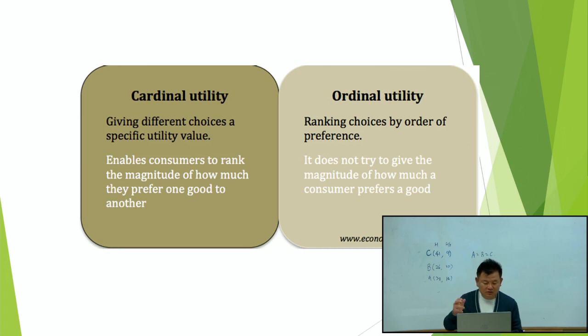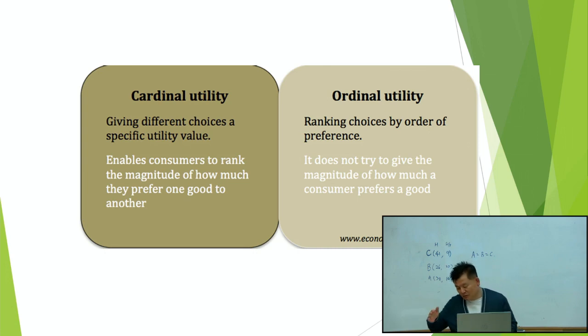How much do you like? How much do you prefer? On the other hand, ordinal utility ranks choices by order of preference. It does not try to give the magnitude of how much a consumer prefers a good.